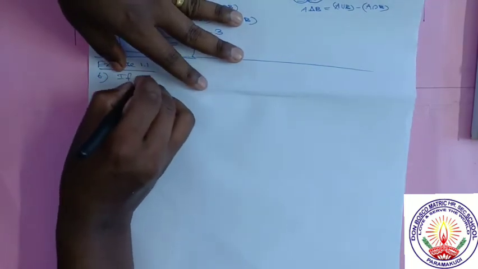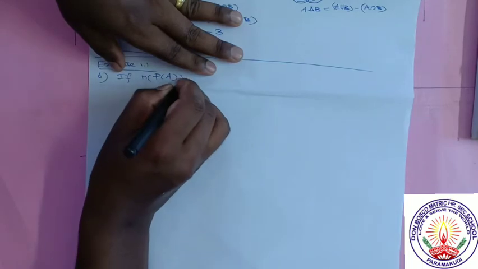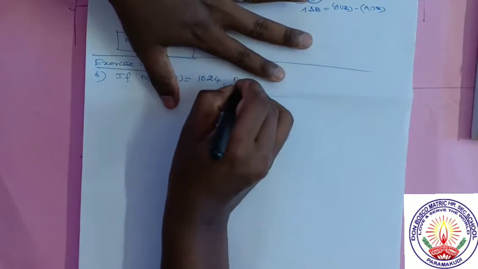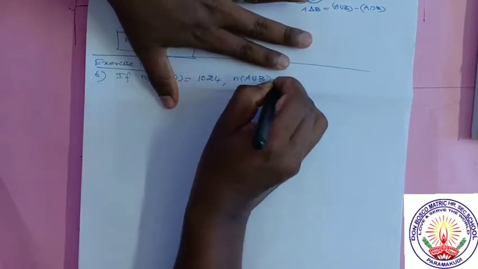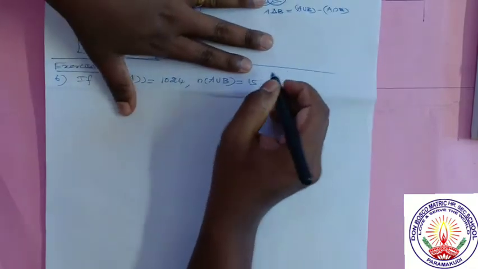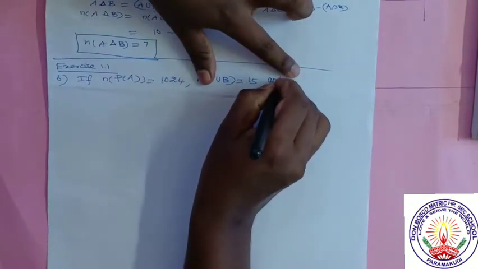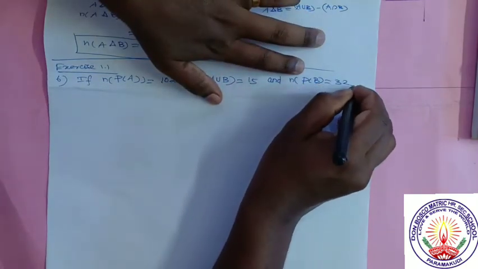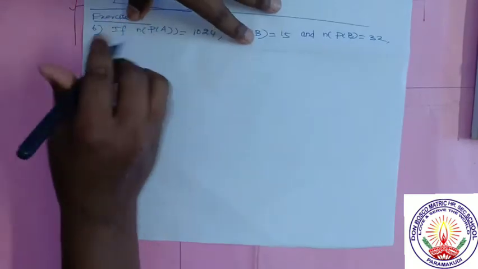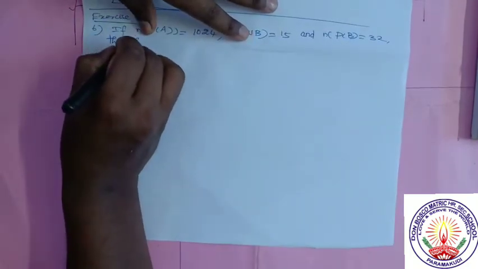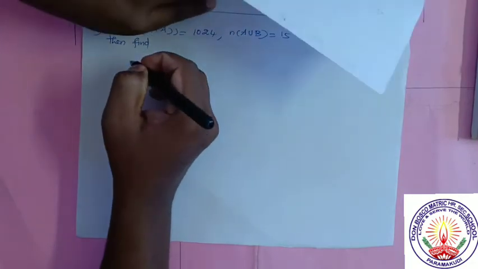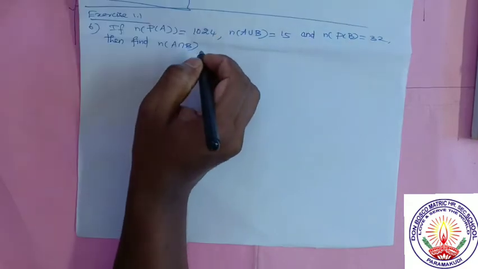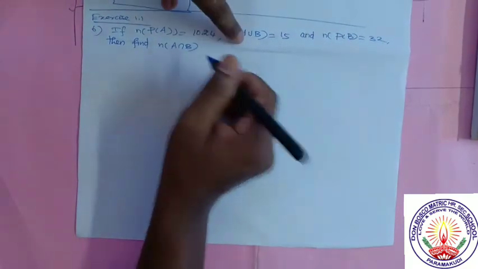If n of P of A is equal to 1024, n of A union B is equal to 15, and n of P of B is equal to 32, then find n of A intersection B. So it is a very simple 2 mark or 3 mark question.